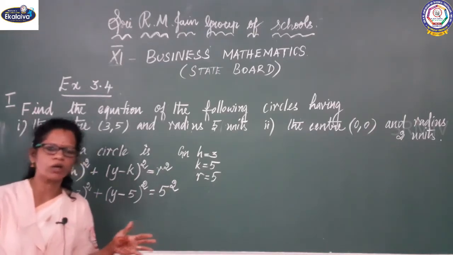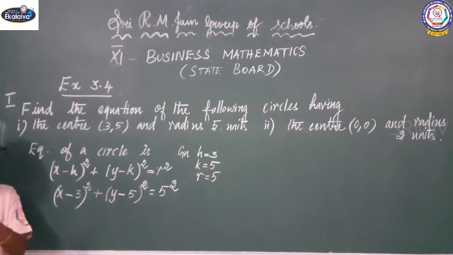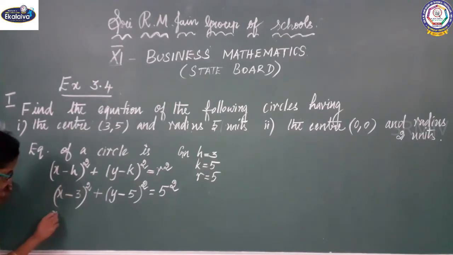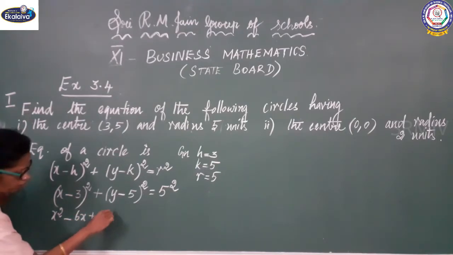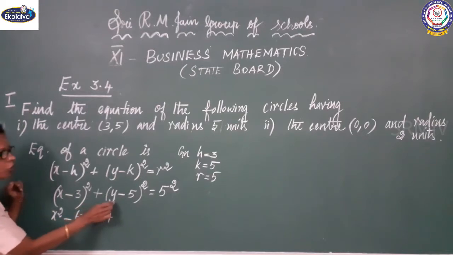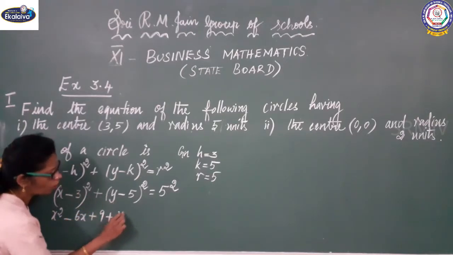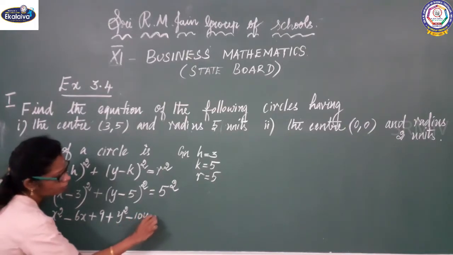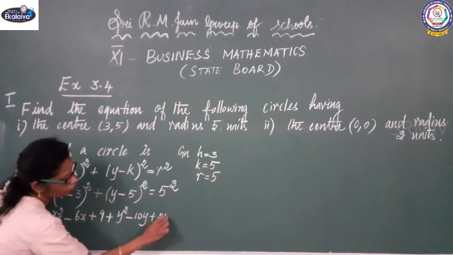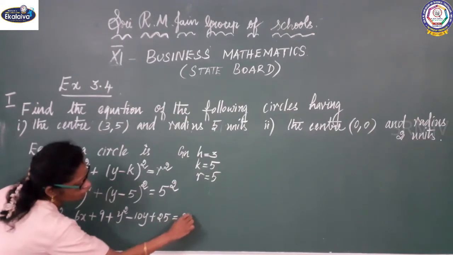What is it? a square plus b square minus 2ab. So x square minus 6x plus 9, plus the same identity you use here also, y square minus 10y plus 25 equals 25.